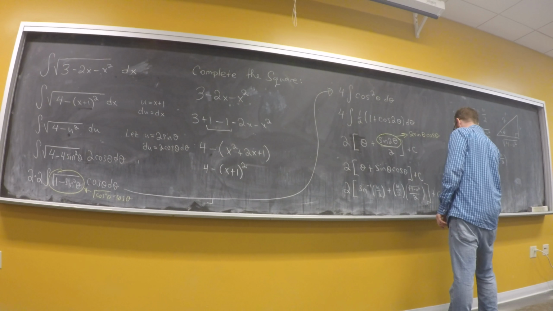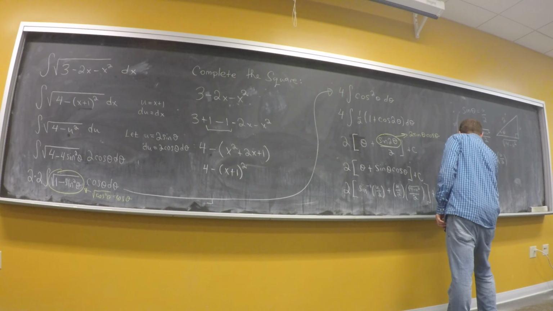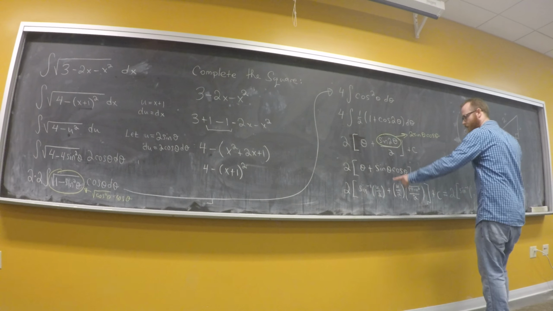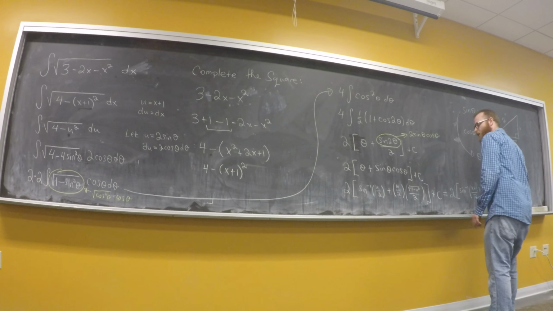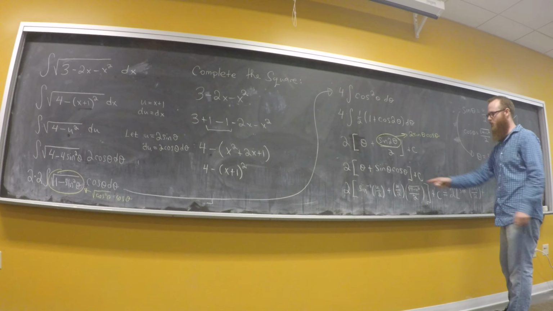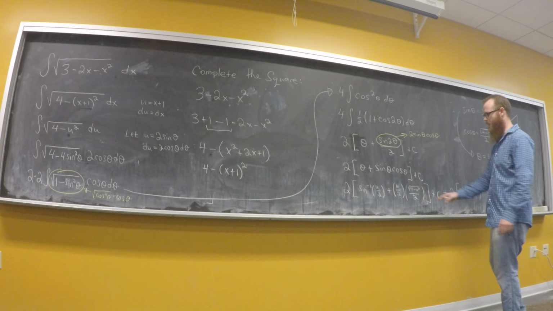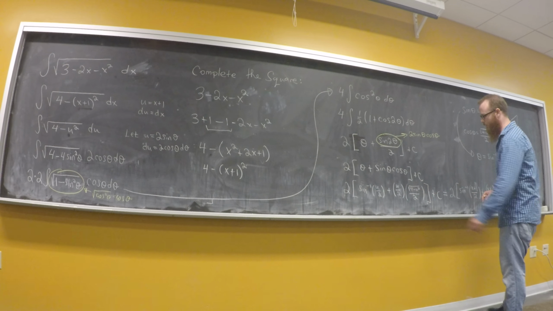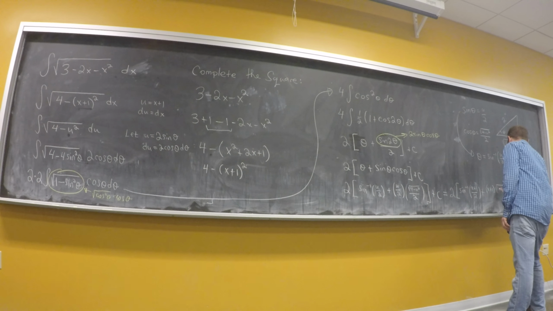So let's see what we get. Sine inverse of, u was x plus 1, so we'll have sine inverse of x plus 1 over 2. Plus, u was x plus 1 here, so we'll have x plus 1, times the square root of 4 minus x plus 1 squared, and then all over 4.